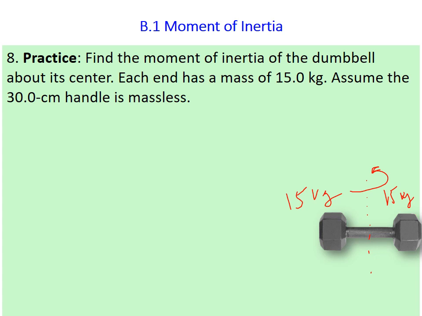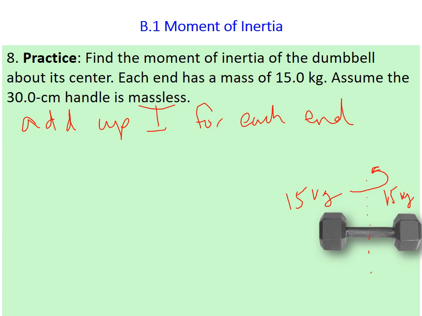So what we will do to get the total moment of inertia is add up the inertial moments for each end. And this will give you the total moment of inertia for the dumbbell.